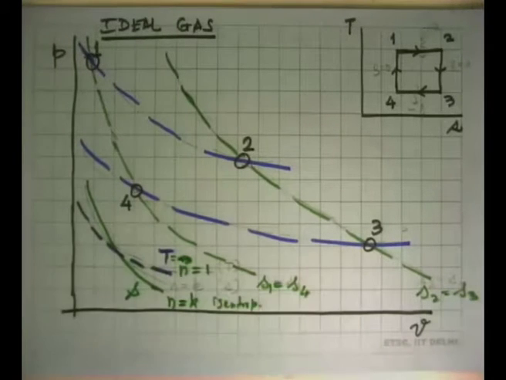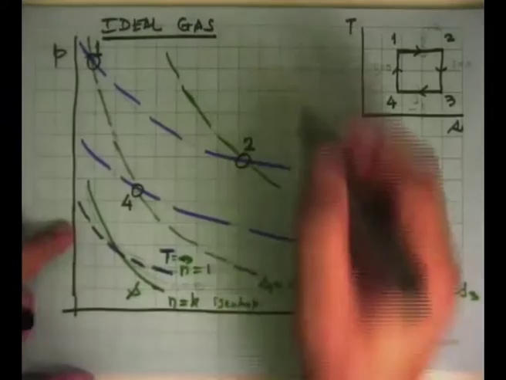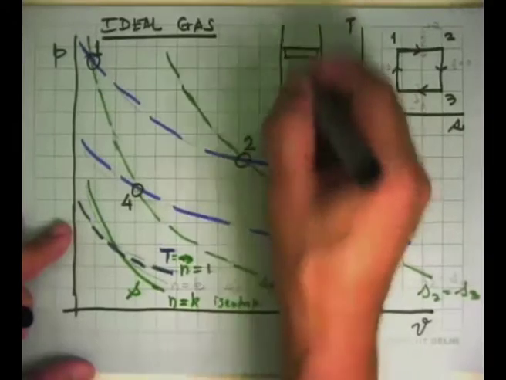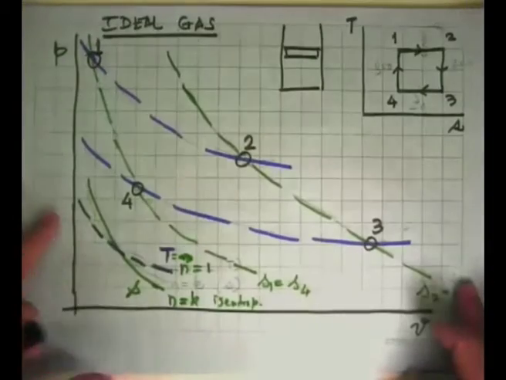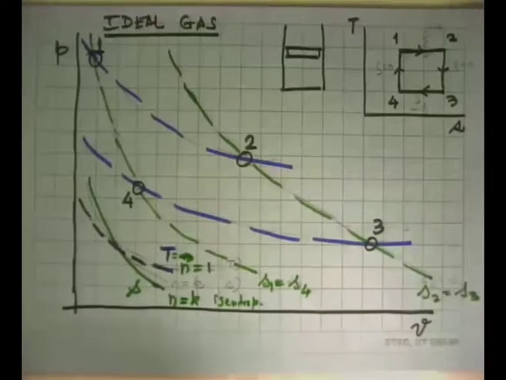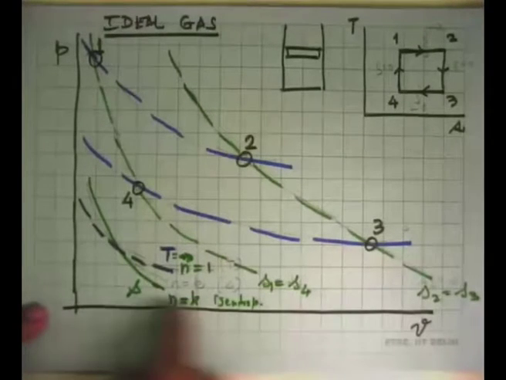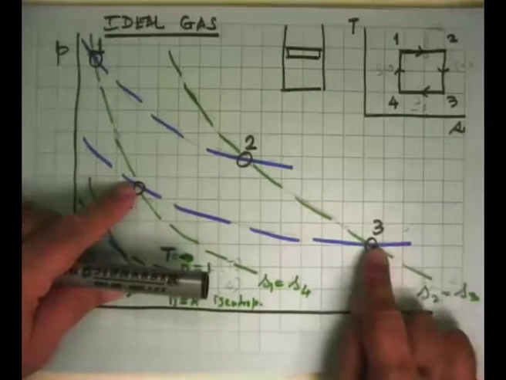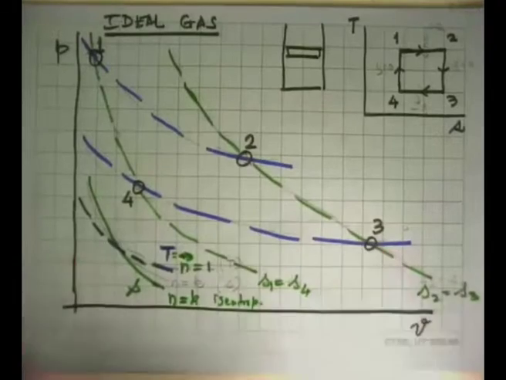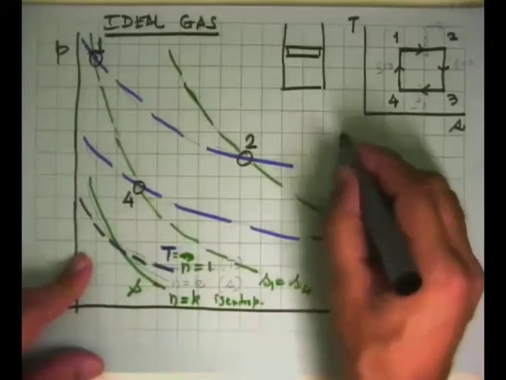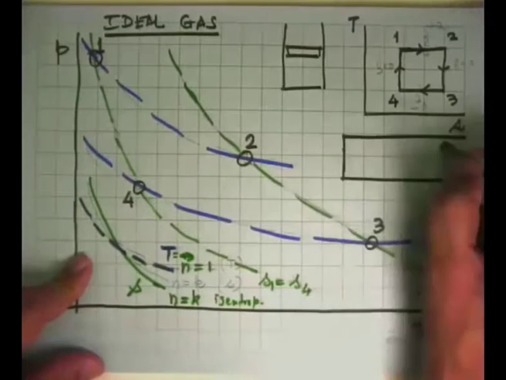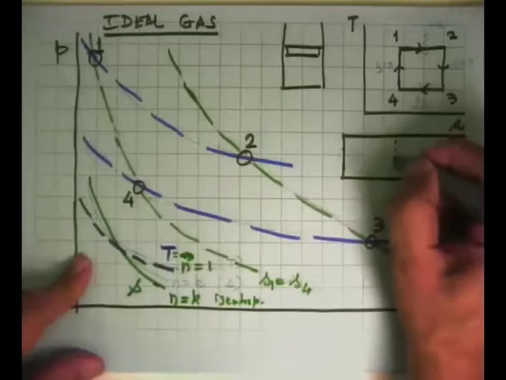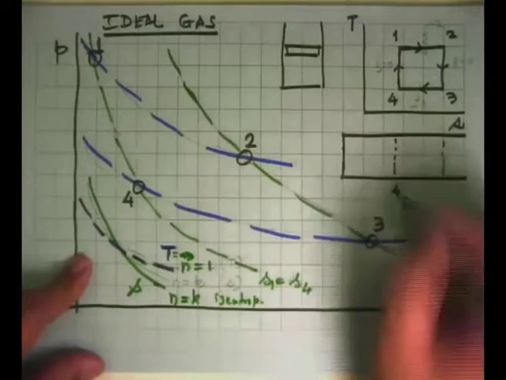So now let's see what we get. Let's say I have a cylinder piston arrangement in which we move the piston up and down, heat it, cool it, and get work out of it. So volume tells you the position of the piston. This is the maximum volume in the cylinder piston arrangement, so state 3 will be somewhere there. We compress it and come to some point, state 4.